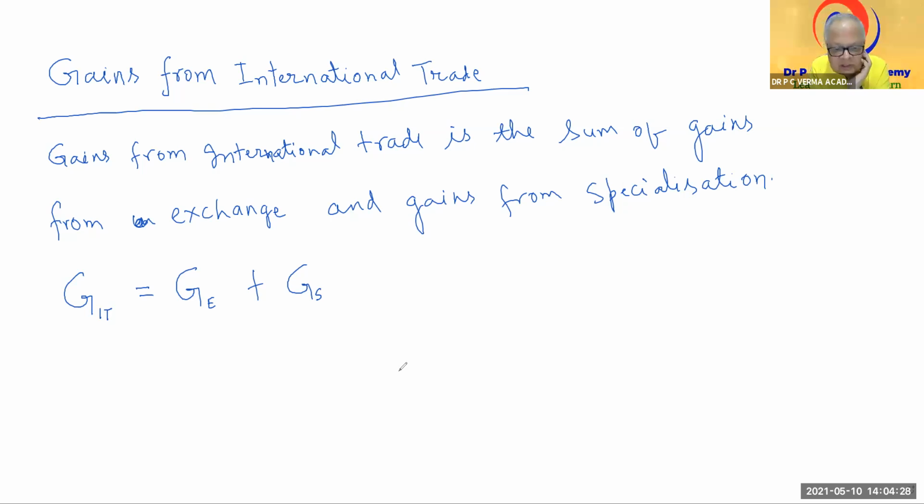Gains from international trade is the sum of gains from exchange and gains from specialization.